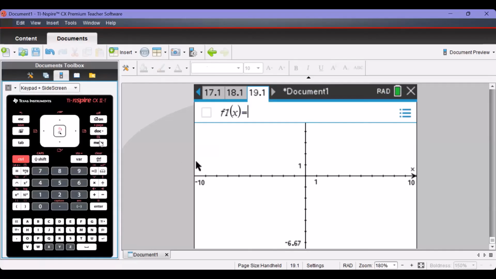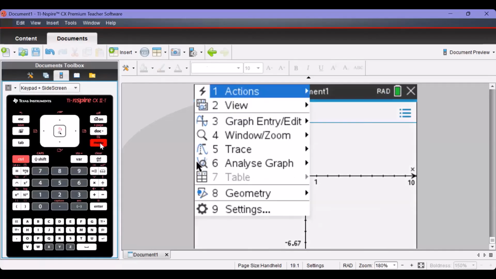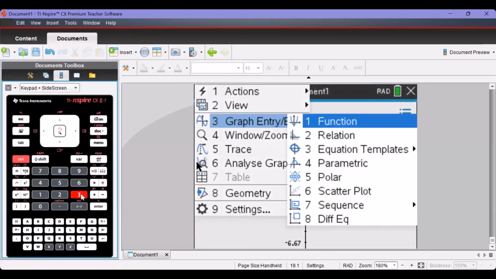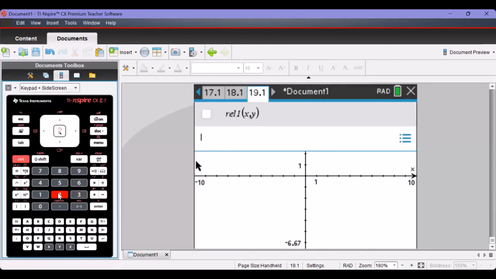So what we're going to do is press Menu, 3 for graph entry, edit, 2 for relation.